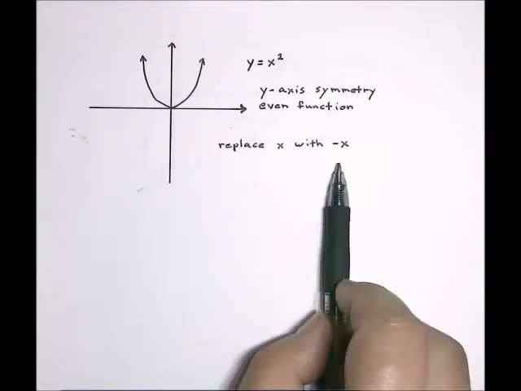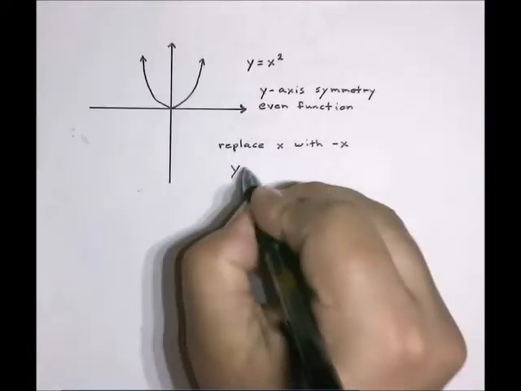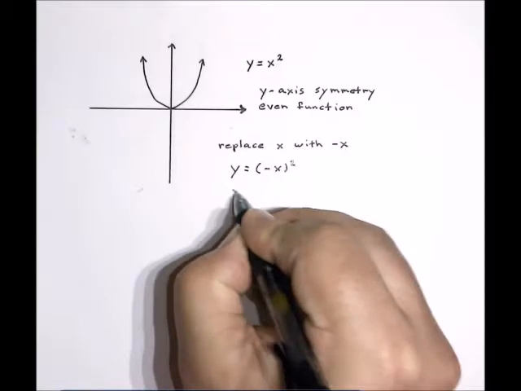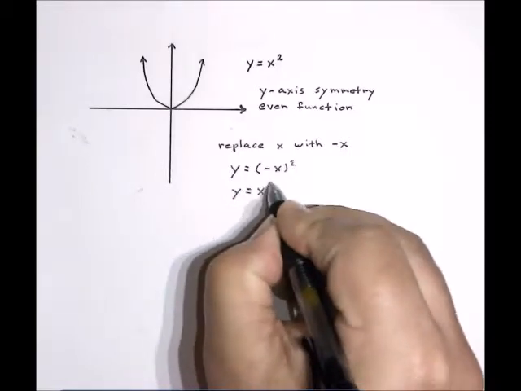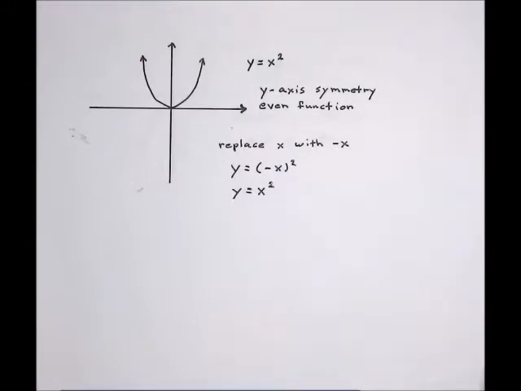The test for that is to replace x with negative x and see if you get the same function out. So let's try that now. And we do get the same function out. So the function y equals x squared does have y-axis symmetry.